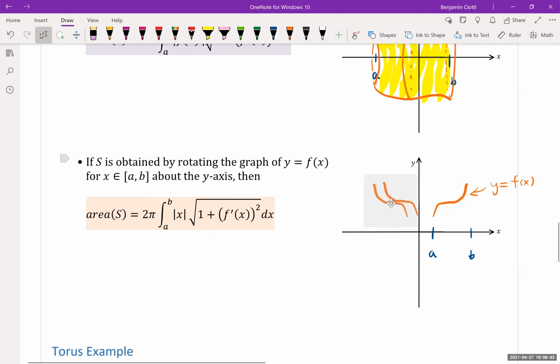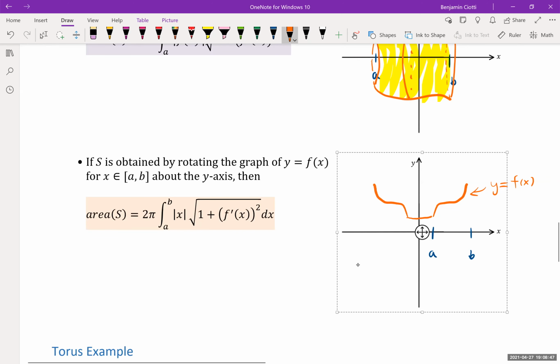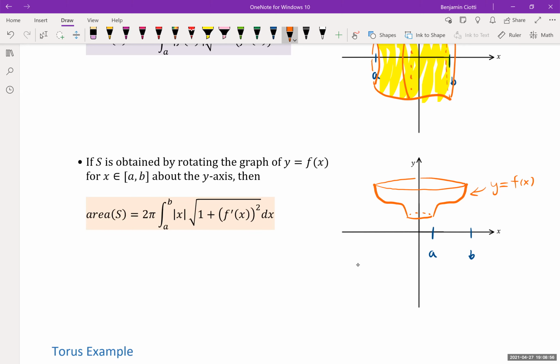So that's going to give me a surface that looks like this. Okay, so this here is the formula for the surface area of that surface of revolution.